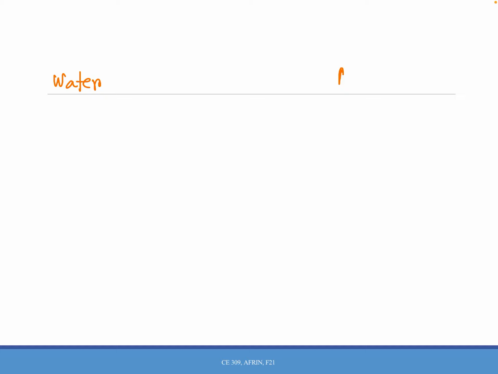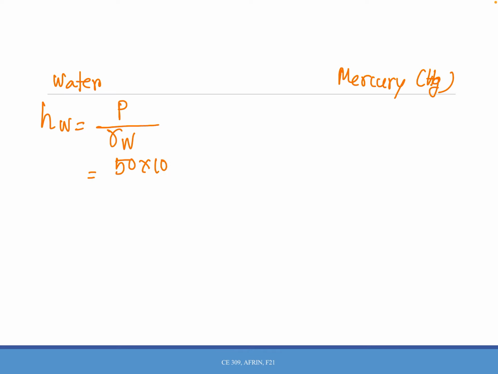Water, mercury. Okay, so head of water equals P over gamma W. So it's 50 times 10 to the power 3 over 9.81 times 10 to the power 3. You can cancel that. It will be 5.1 meter if I round that.